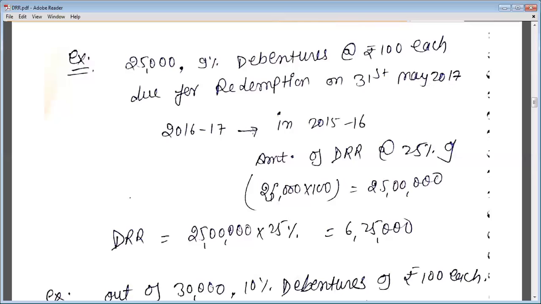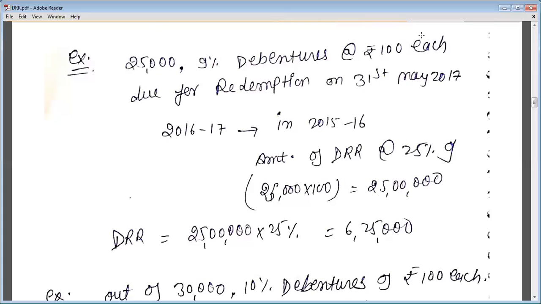So in 2016-17, you have to maintain DRR at the rate of 25% of nominal value of the debentures, that is 25,000 debentures. That means the outstanding debentures on 31st May 2017 is 25,000.